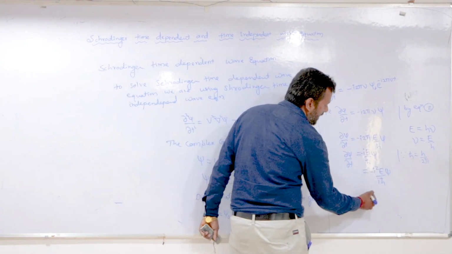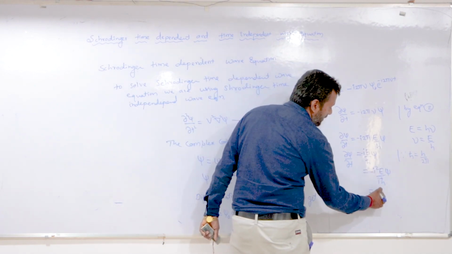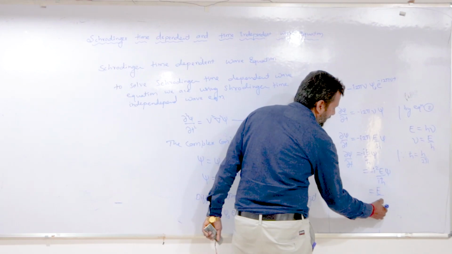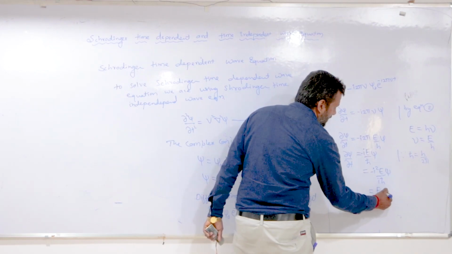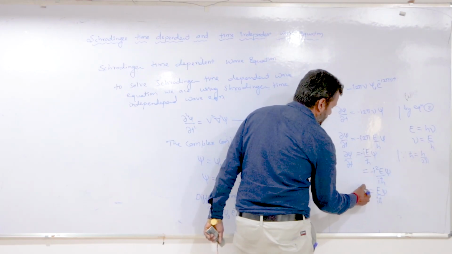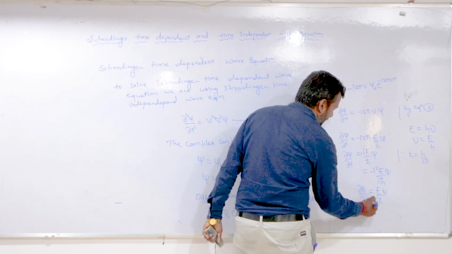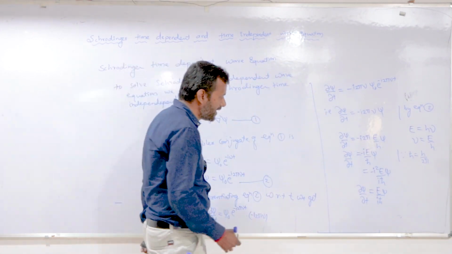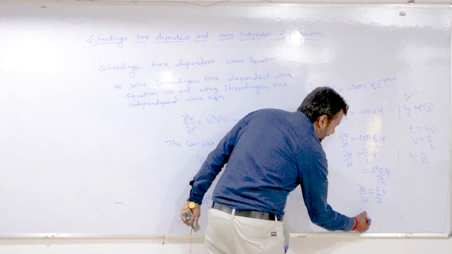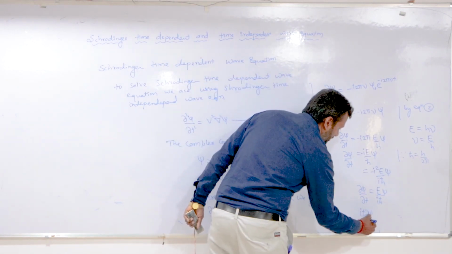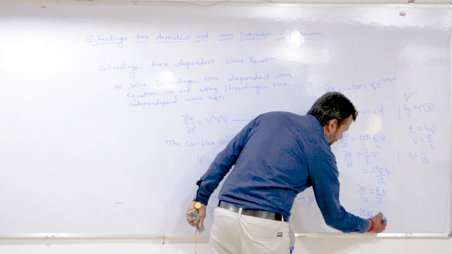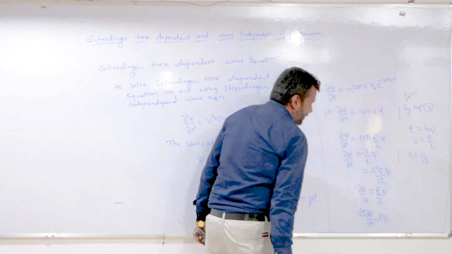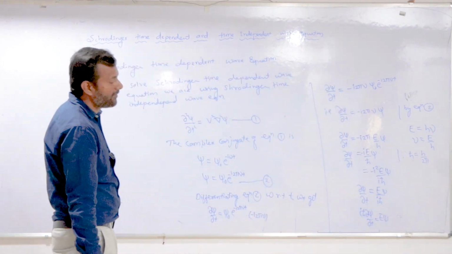The i square value is minus 1, so minus times minus gives plus E upon i h cross psi, here dou psi by dou t. Now I am sending this i h cross to the left hand side, so it becomes i h cross dou psi by dou t is equal to E psi. So now we got the value of E psi.